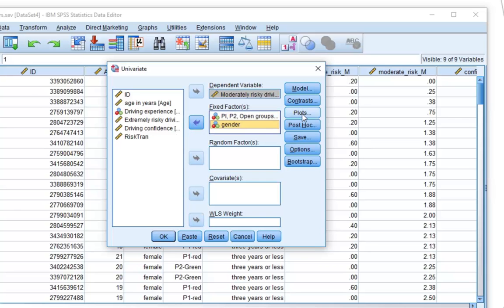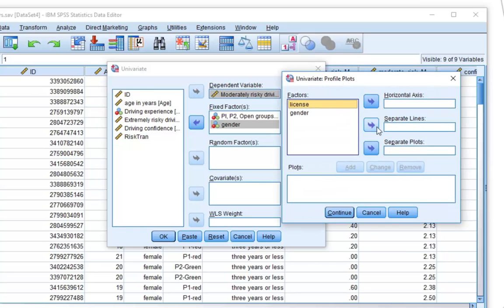So over here, always a good idea to get plots. So I'm going to put license there and gender there, add that. Now I'm going to do it the other way, because I don't know which one will be easiest to interpret. I'm just going to generate both of the available plots.